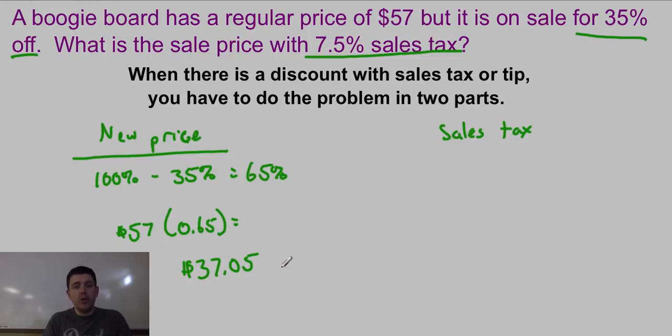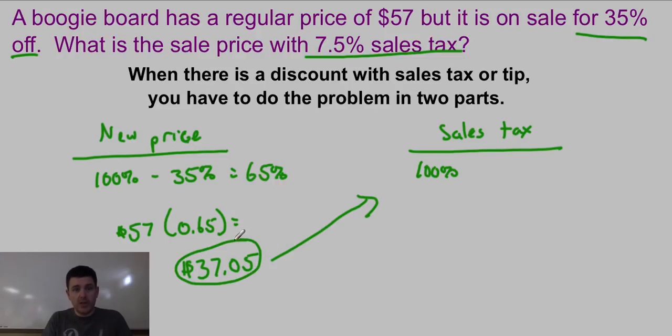Now that we know the new price, we can take that over to find our sales tax. Our sales tax is the whole price, 100% of the new price, plus 7.5% sales tax, or 107.5%.